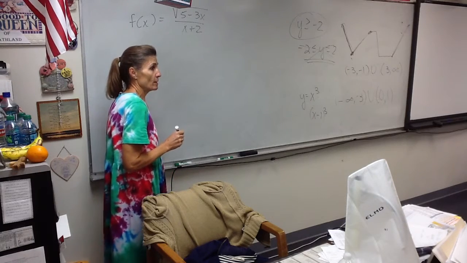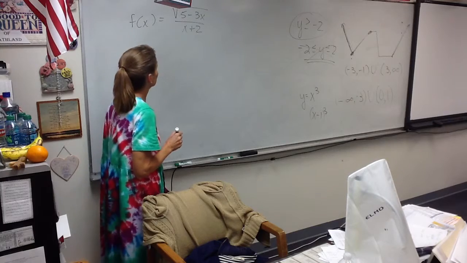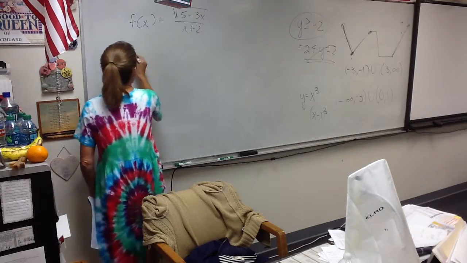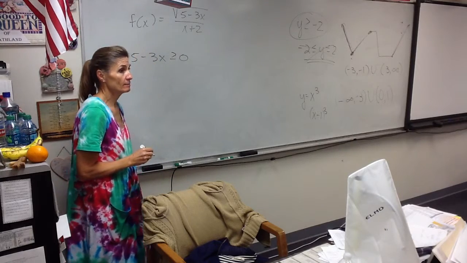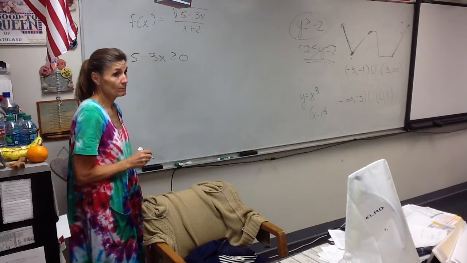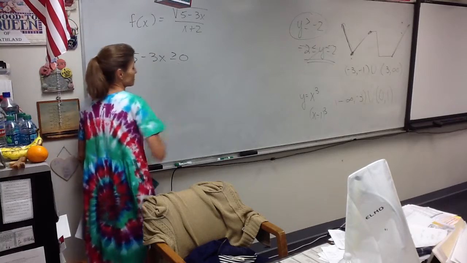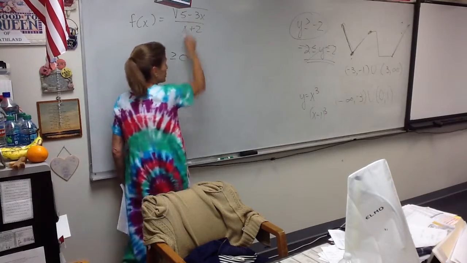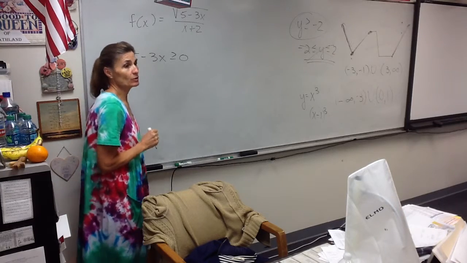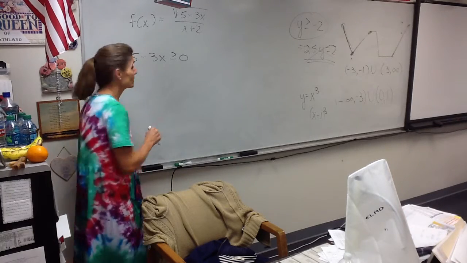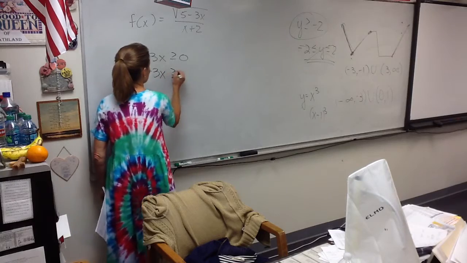What about 5/3? I know 5 minus 3x has to be bigger than or equal to 0, right? I'm going to write that down. How do I know that has to be bigger than or equal to 0? Because where is it? Under a radical. And if you're under a radical, you've got to be bigger than or equal to 0. So now I'm going to solve this.